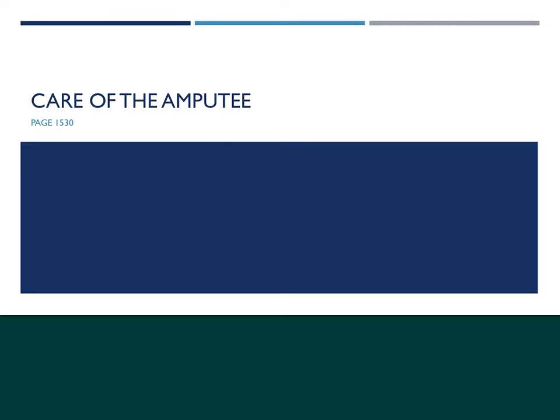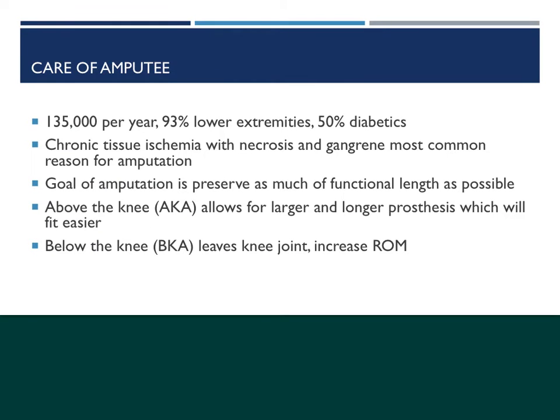First topic's going to be care of the amputee, and so we're in your Med-Surg book, on page 1530. The majority of individuals that are going to have amputations are suffering from PAD.